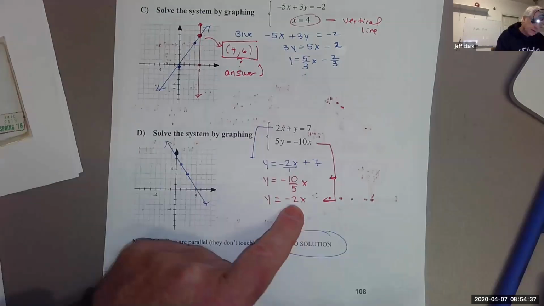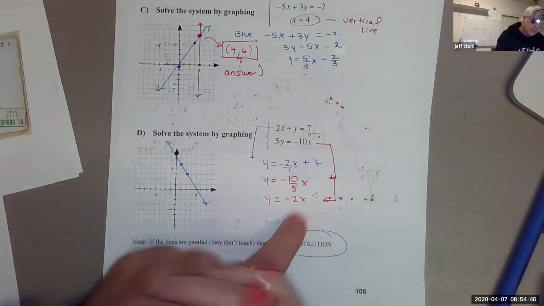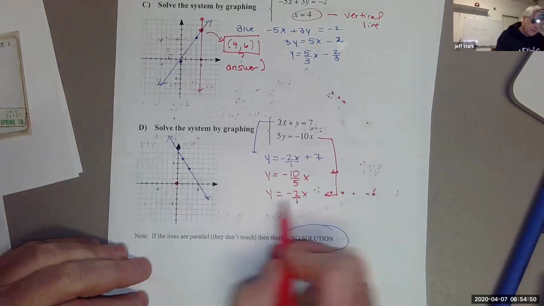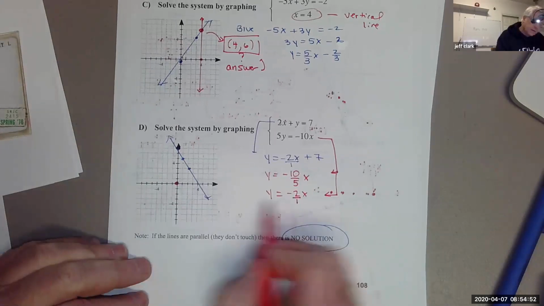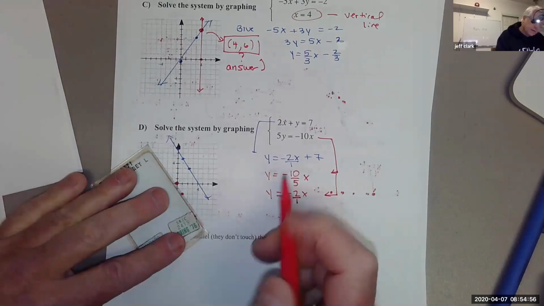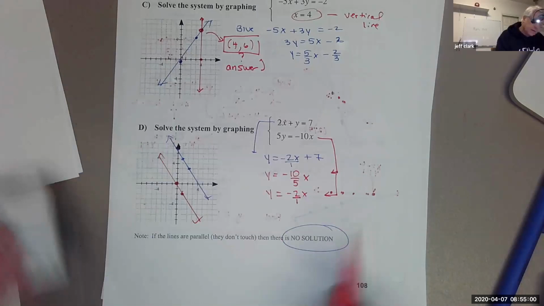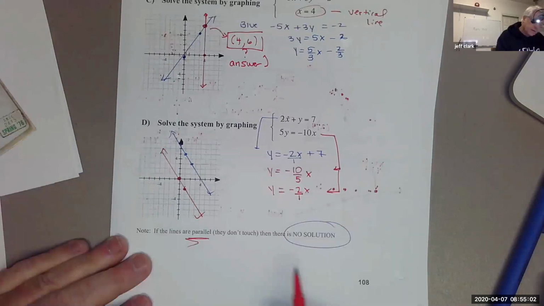What's the y-intercept on this one? I mean, -2 is the slope. What's the y-intercept? It's 0. It doesn't exist. It's 0. So start at 0, and then again, go down 2, right 1. And connect the dots. And they are parallel. So no solution is the statement.